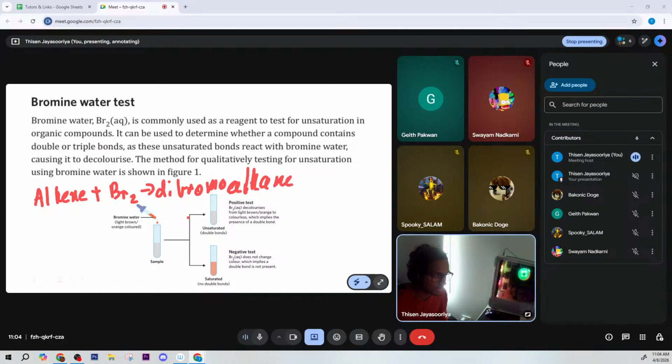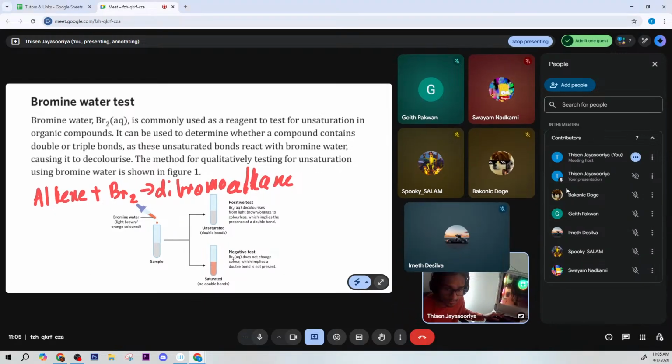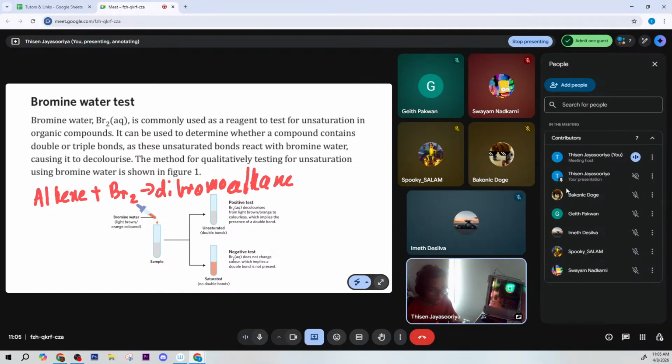So that's what's happening if it's unsaturated. If it's saturated, no reaction is going to happen between those two molecules, yeah? So the bromine water test goes off the addition reaction from yesterday, yeah?